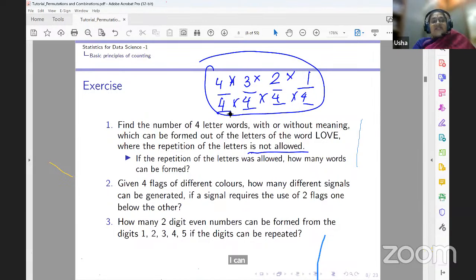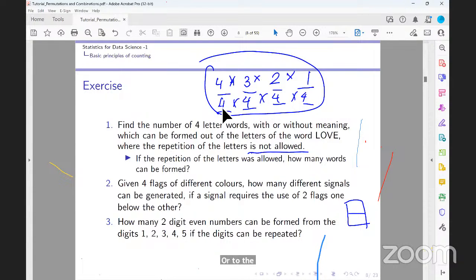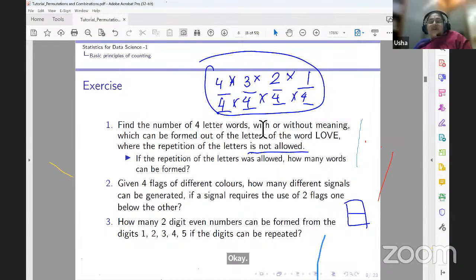Now, second thing is I have 4 flags of different colors. How many different signals can be generated if the signal requires the use of 2 flags, one below the other? 12 ways. 4 flags of different colors, how many ways?